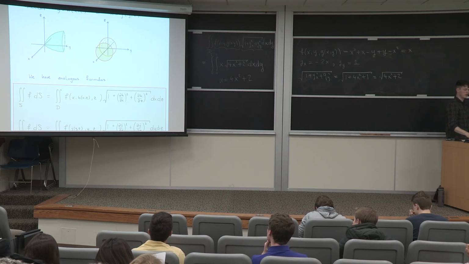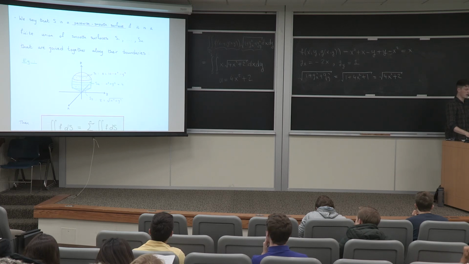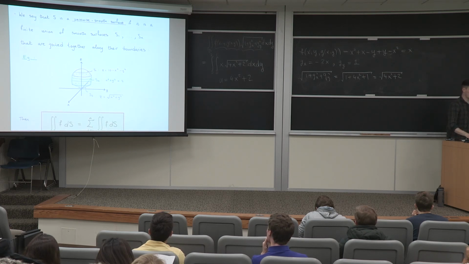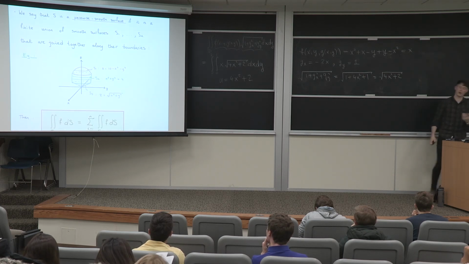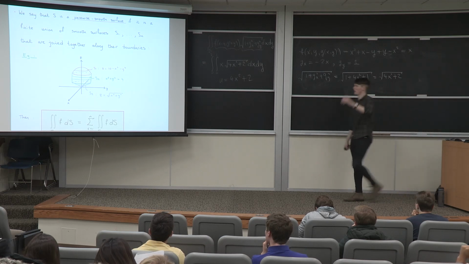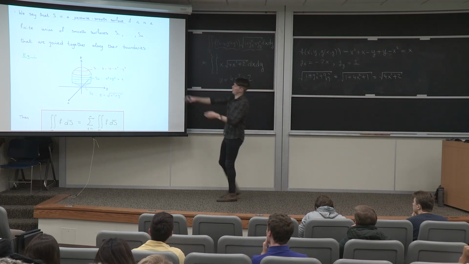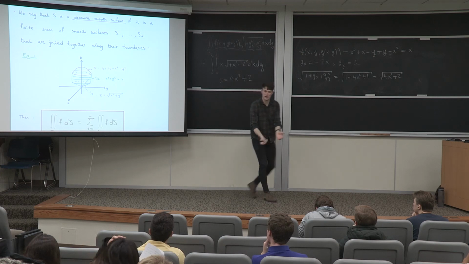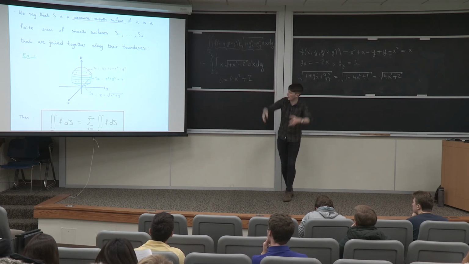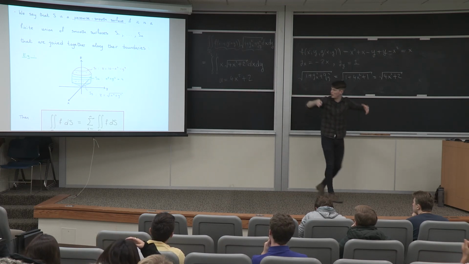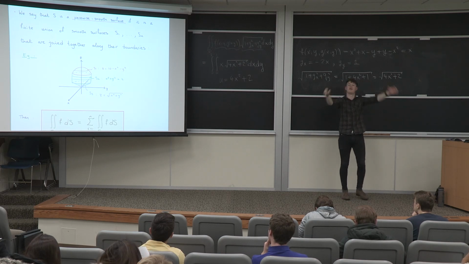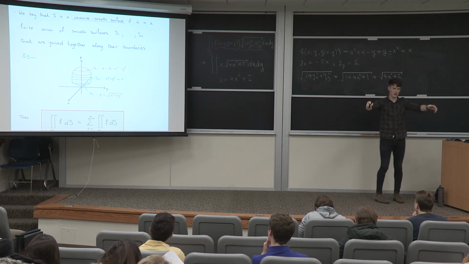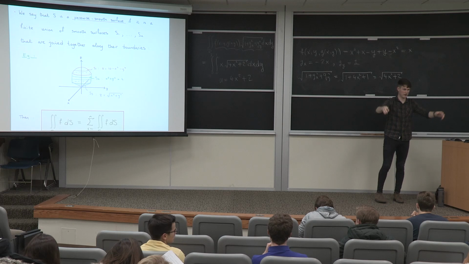Any other questions? So, S is a piecewise smooth surface if it's some sort of Franken surface. You've taken the blue cone and welded it onto the green cylinder, and then on top you've welded on this orange dome. It looks like a spinning toy.